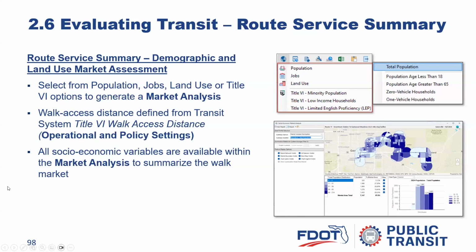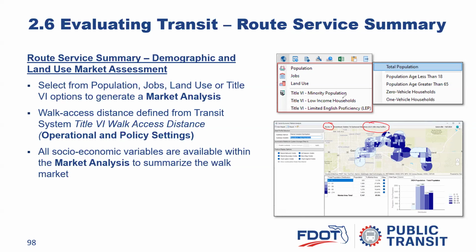You can see where it's saying the quarter mile stop buffer for Route 11 here. That quarter of a mile originates from when we're setting the transit system policies. That is where it's pulling that from.